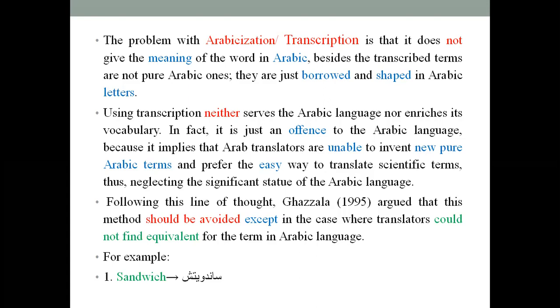We should make use of these dictionaries, this wide number of vocabulary, to invent new pure vocabularies that reflect the entire meaning. The second, for example, sandwich, it can be rendered as sandwich.